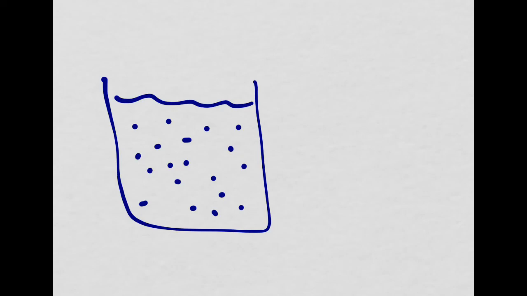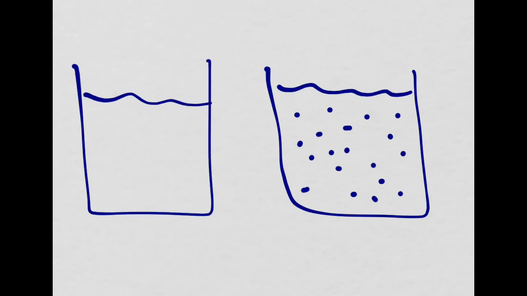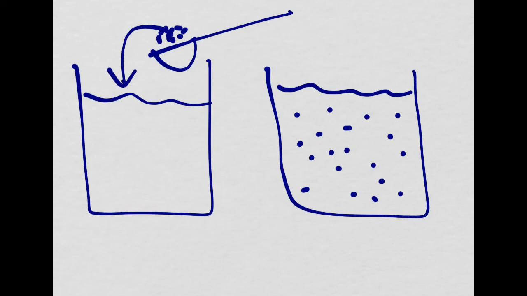But what's important to understand is that this solution was created when I put a certain amount of compound into the water. So imagine here's a scoop, and I have inside that scoop a whole bunch of this compound, and then I tip it into this, stir it around, right?